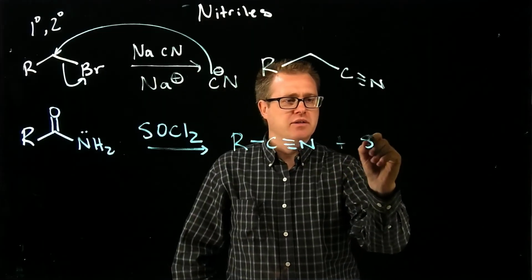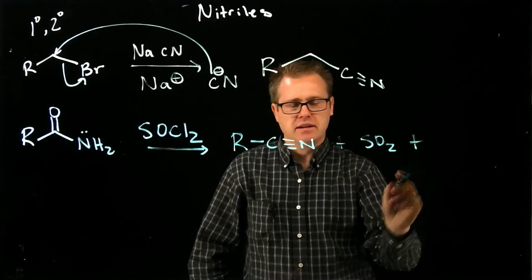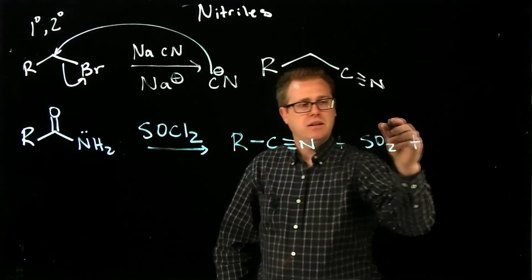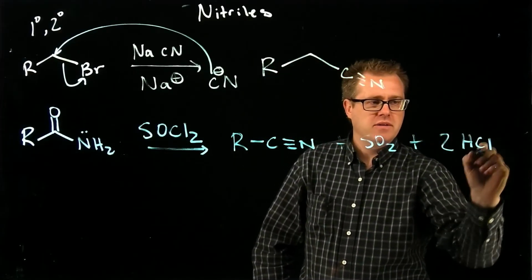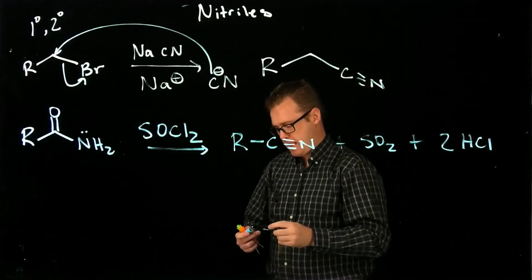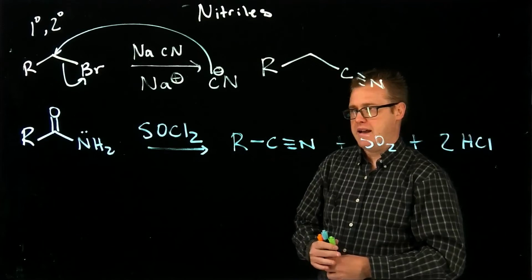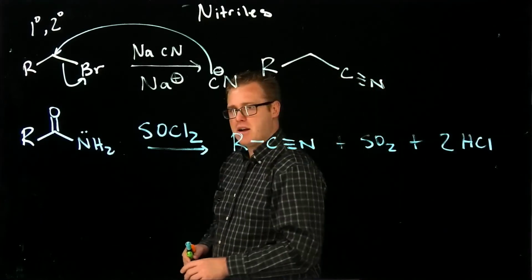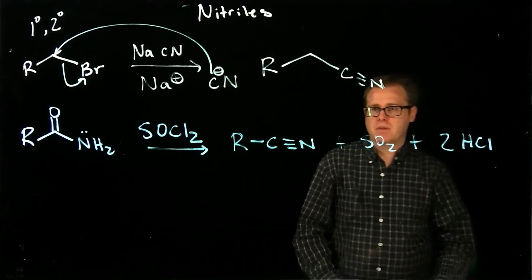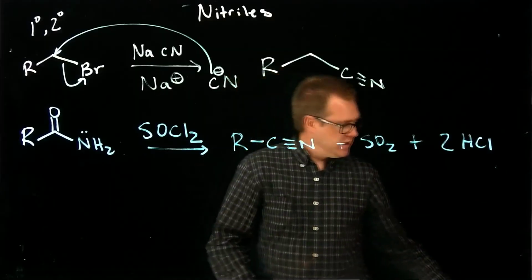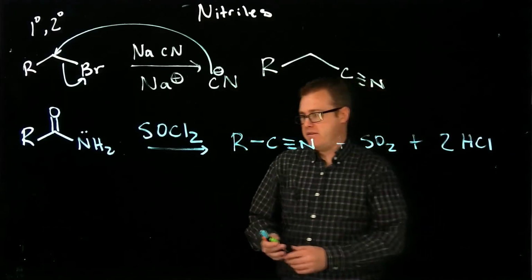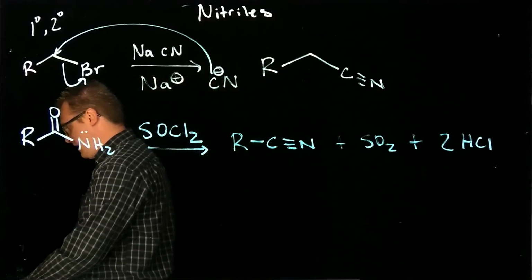You'll generate sulfur dioxide gas, which bubbles away, and then you get 2 moles of hydrochloric acid. So let's look at the mechanism with the time that we have left on how that process happens. We'll see how much space we have and where we end up.